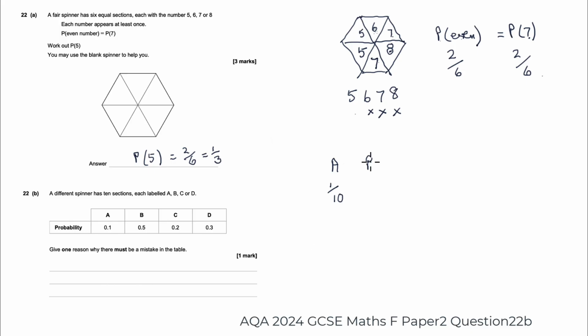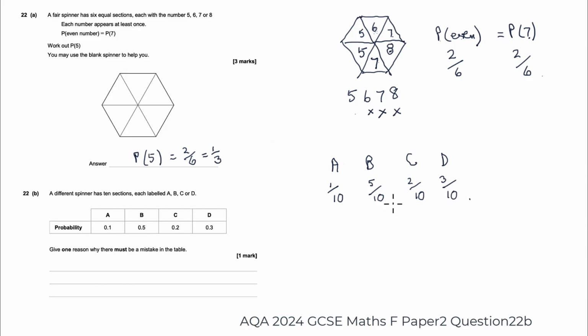The probability of a B appearing is 5 chances out of 10, 5/10, 0.5. Probability of a C appearing is 2 chances out of 10, 0.2, 2/10. And finally, the probability of a D, 3 chances out of 10.